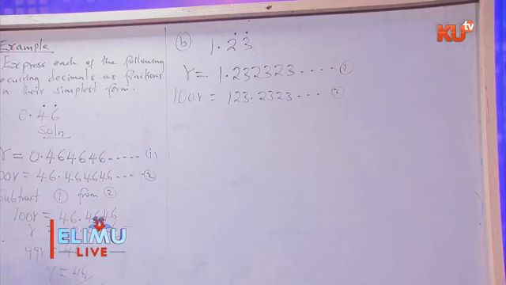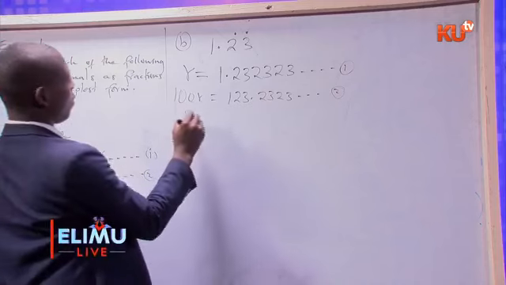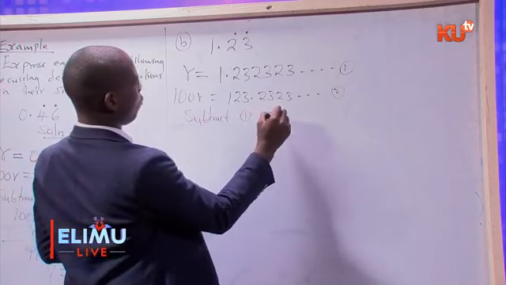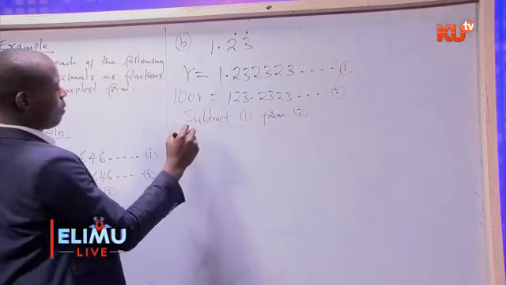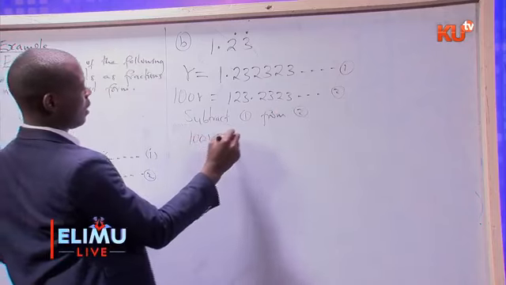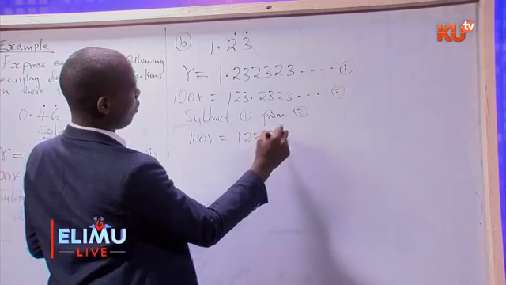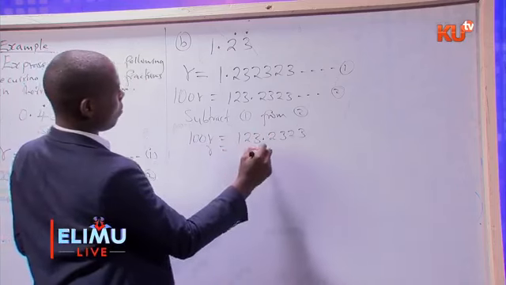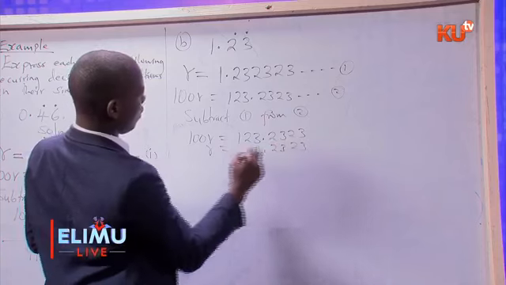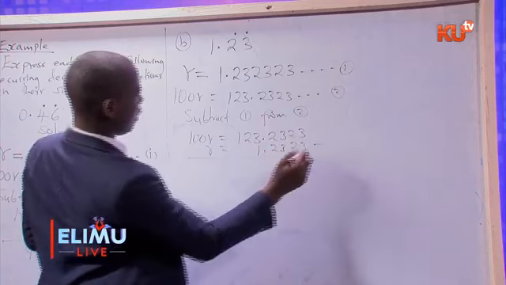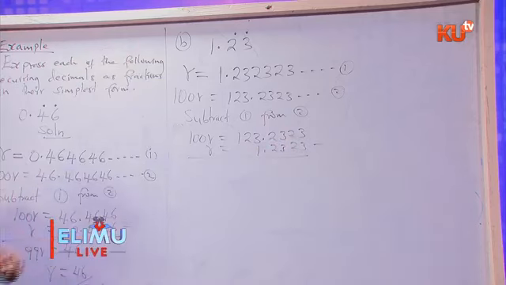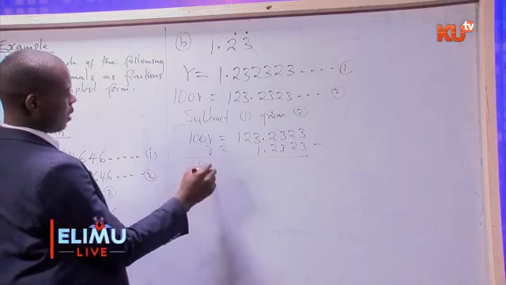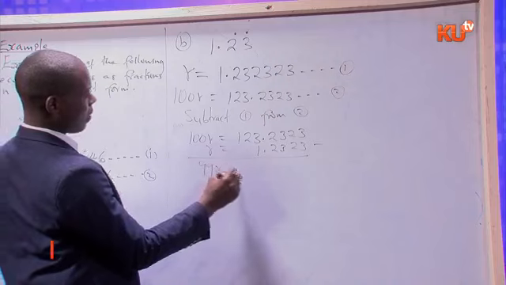Then what do we do? We subtract 1 from 2. So that means 100 of R is 123.2323, and R is 1.2323. Subtract this. 100R minus R is 99R.